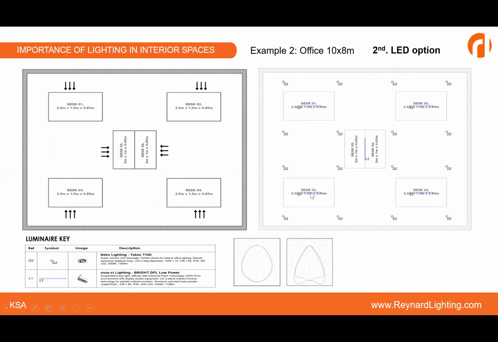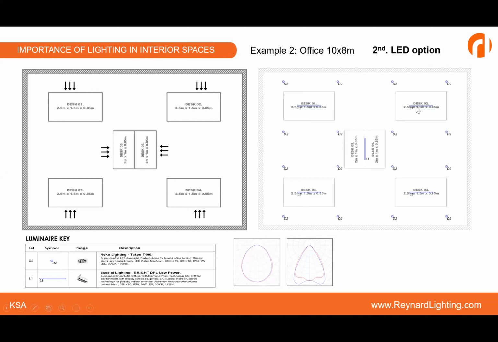So what I do, I will be using again 16 downlights, but each downlight is 9 watt with about 1,200 lumens to have a general overall illuminance all over the office space of 200 to 250 lux.